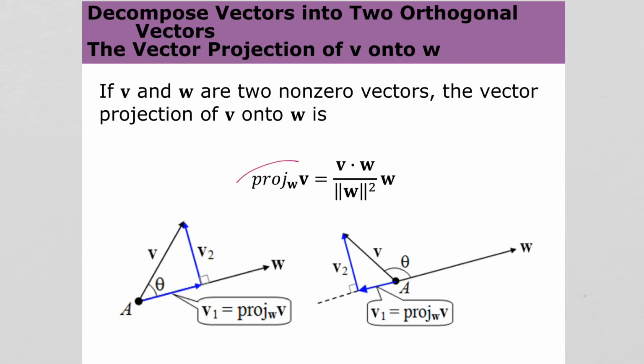And we denote this as projection, with a little w underneath, of V. And that says the projection of V onto W, or decomposing the vector V onto W. To do that, we find the dot product between the two, divide by the magnitude of W squared, and multiply by W. And that gives us our new vector.